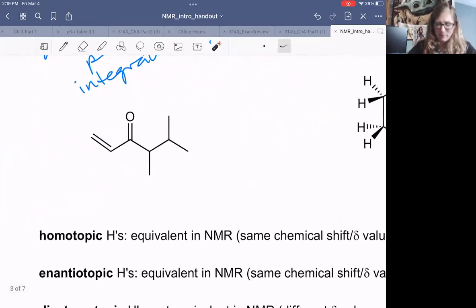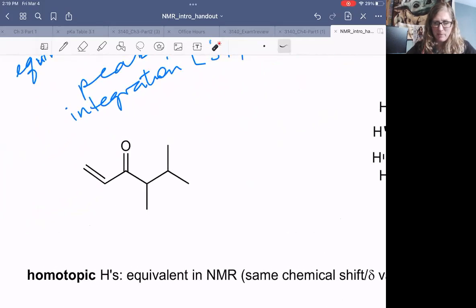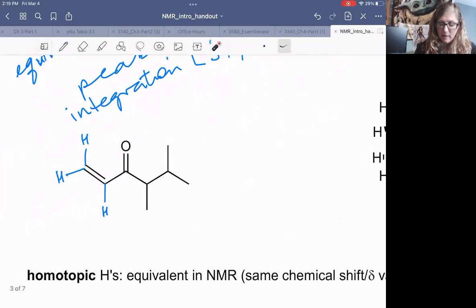Actually, this is the better example to discuss the substitution test. If we look at the alkene over here, the carbon-carbon double bond, we see that there's 3 protons here.